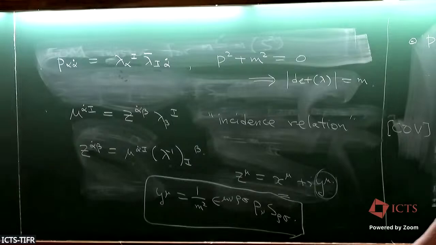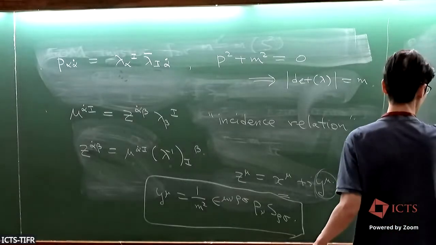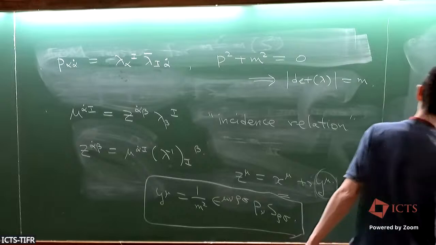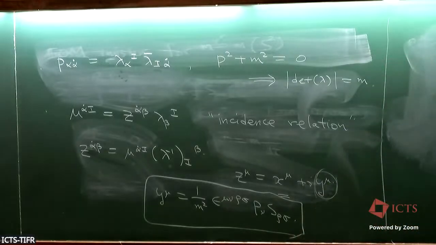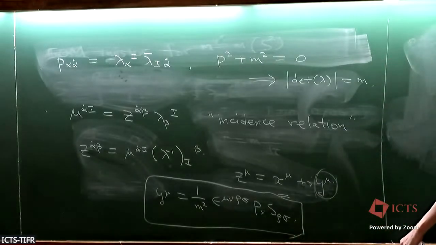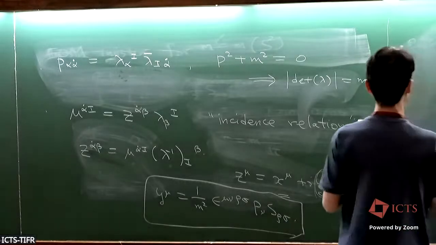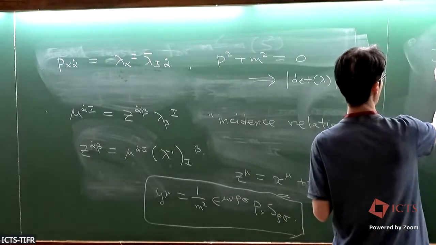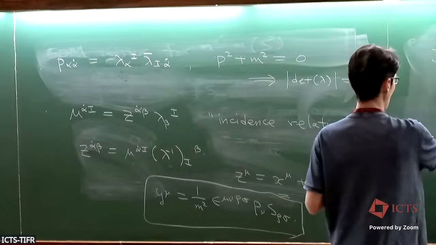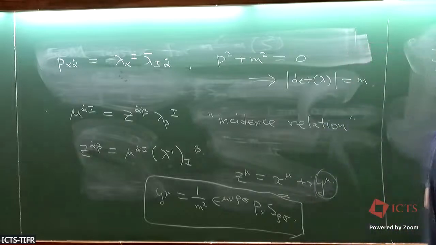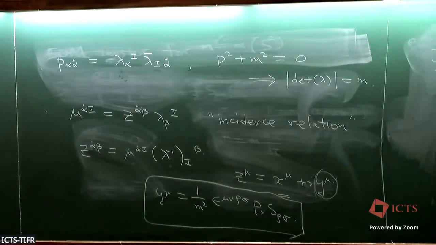Another expression that encodes the same relation, which may be a little bit more intuitive, is J mu nu, which is part of the conformal symmetry generator.